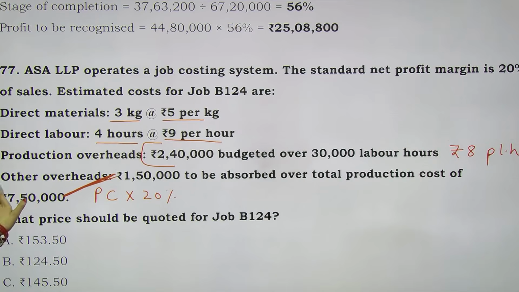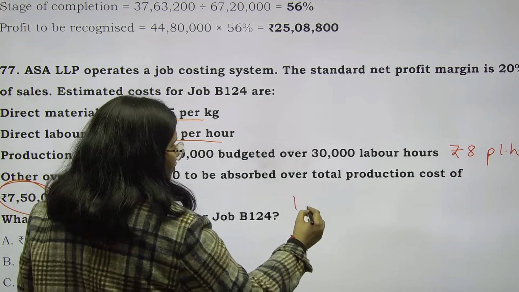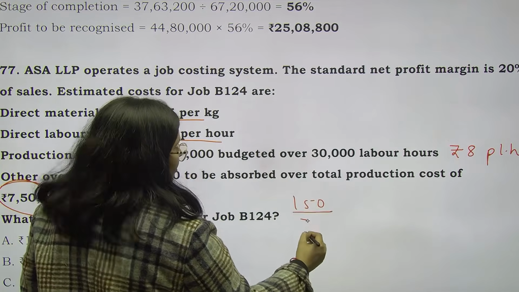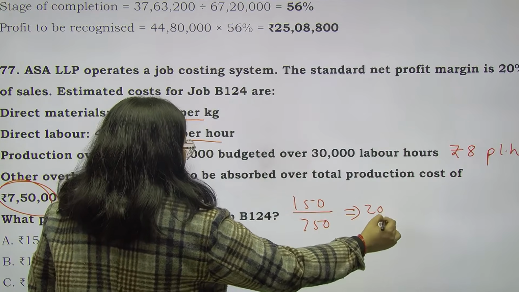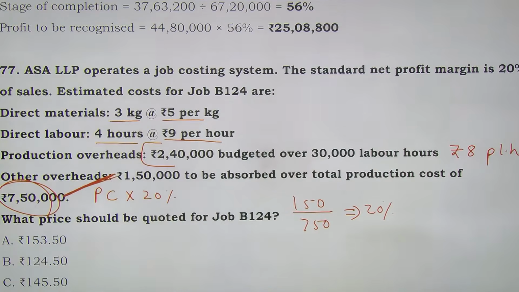So that means 150 divided by 750. That's how you can find the percentage. It is 20%. So whatever your production cost comes to, your other overheads will be 20% of that.